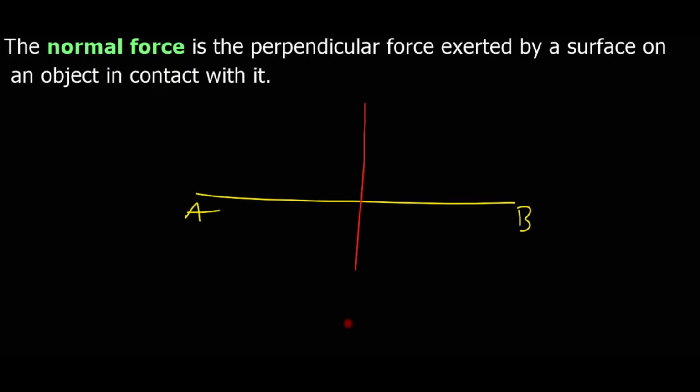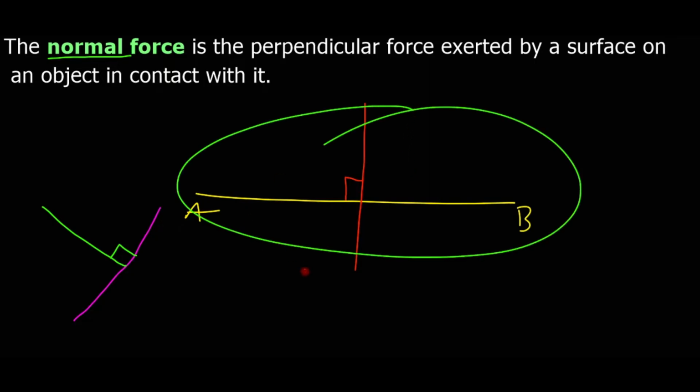Our normal line will be in this way, creating 90 degrees. And a line in this way, the normal line here will be in this way, also creating 90 degrees. So a normal force and the surface create 90 degrees.